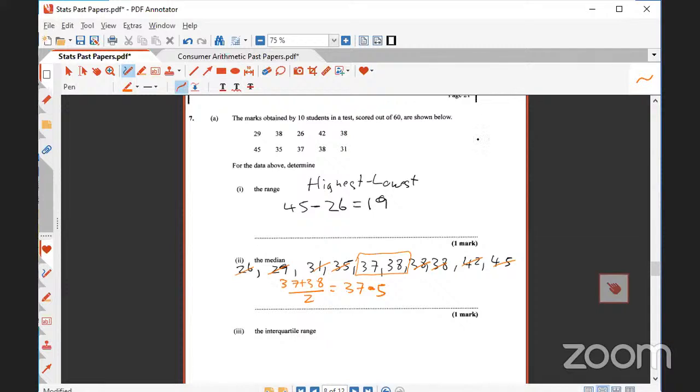Let me do it right here. So the median, sometimes we use Q subscript 2, and that's equal to this little formula here, n plus 1 over 2. And you see n stands for number of scores, so basically the number of data values.